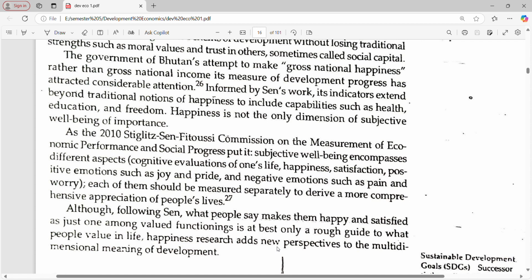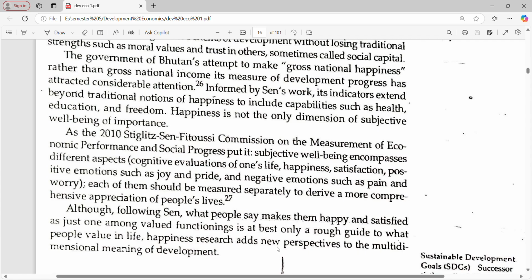The commission was formed in February 2008 and Joseph E. Stiglitz was named as the chair. Amartya Sen was the economic advisor and French economist Jean-Paul Fitoussi was the coordinator. That's why Stiglitz-Sen-Fitoussi. Joseph E. Stiglitz, Amartya Sen, then Jean-Paul Fitoussi. So you have to take a note on that as well.